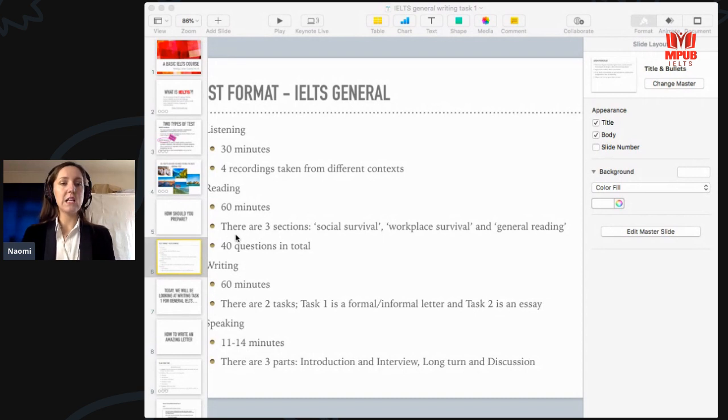So, state your purpose. You don't need to be too friendly because you probably don't know your landlord well, and he or she is a professional giving you a service. Good opening phrases you can use are, I am writing to inform you that, I am writing with regards to.